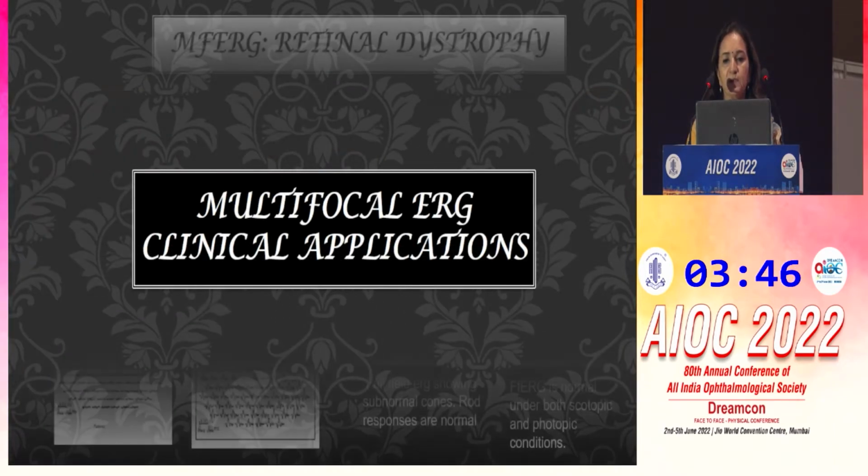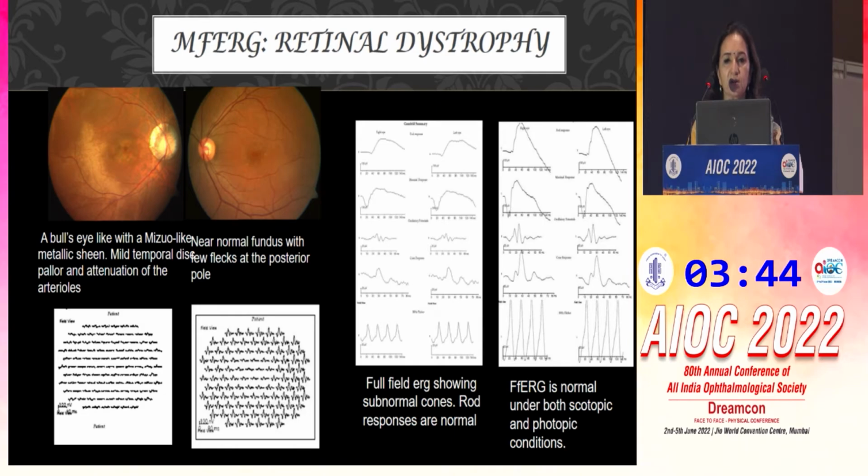So the clinical applications, the most important is a localized macular degeneration. Now you can see the fundus in both the eyes almost looks similar. The fundus on the left-hand side is near normal with only a light foveal reflex. On the right you have only a few yellow flecks. Full-field ERG almost looks okay.